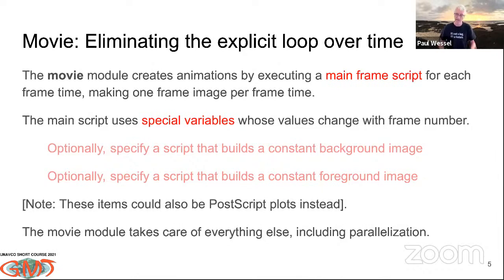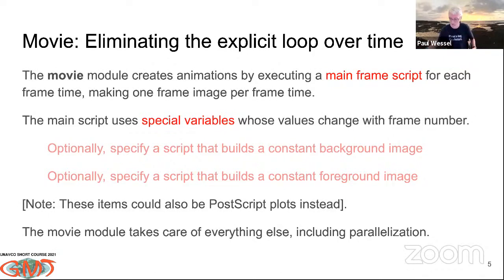So you basically create a single script that makes a single frame, and then we loop over that again and again automatically. And by using variables, we get different plots each time instead of the same plot. So there are some special variables that movie will maintain for you that will change with each frame. And it's our job to write a script that uses these variables so that we can get the change.